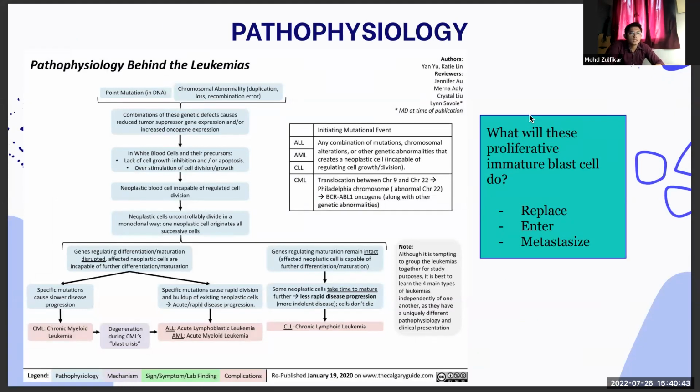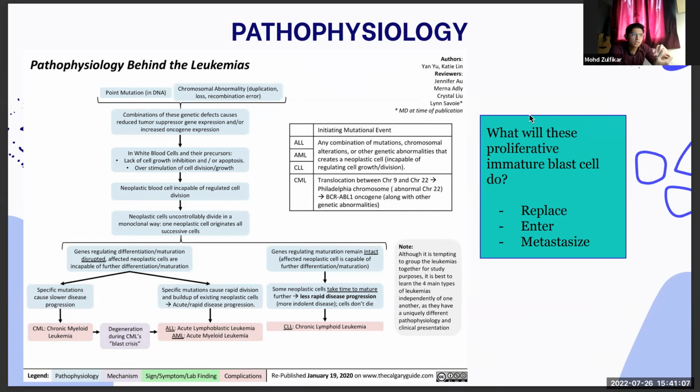Regarding the pathophysiology behind leukemia, let's understand it. Leukemia can happen if there are contributing factors such as genetic and environmental factors, as I already mentioned before.